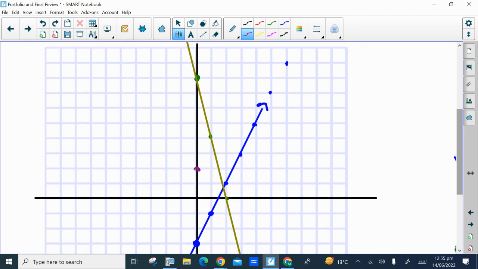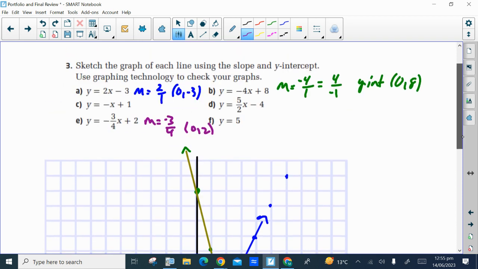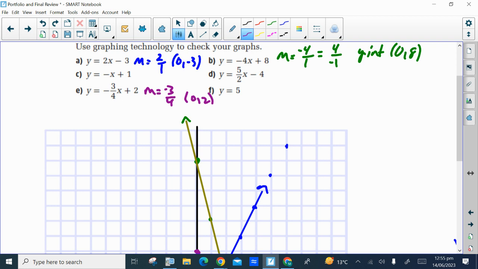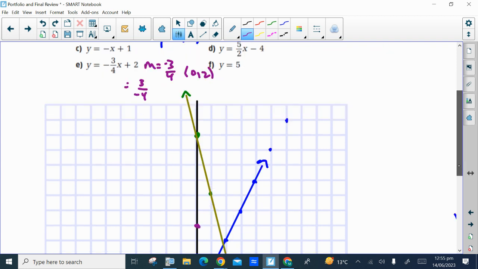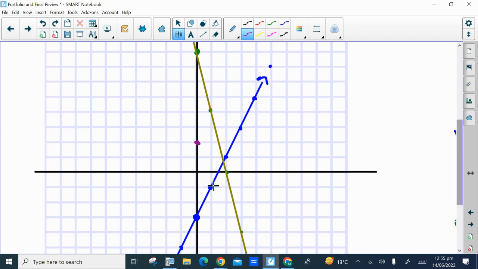0, 2 is our y-intercept. Our slope is -3/4, which you can write as -3/4 or 3 over -4. It doesn't matter. If you rise -3 though and run 4, you can go there. Or you can rise +3 and run -4.